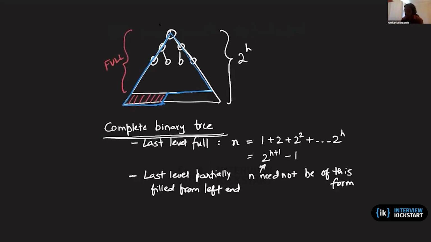So let's assume we have a binary search tree with elements 2, 3, 4, 5, 6. What would it look like if it had to have the shape of a complete binary tree? This kind of blue shape is called a complete binary tree.